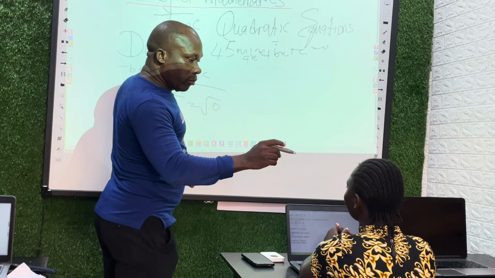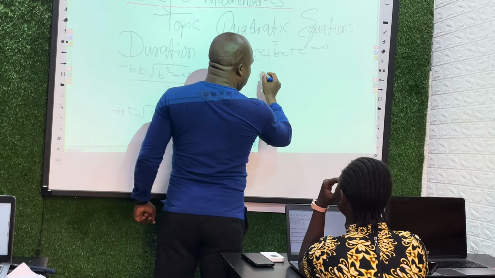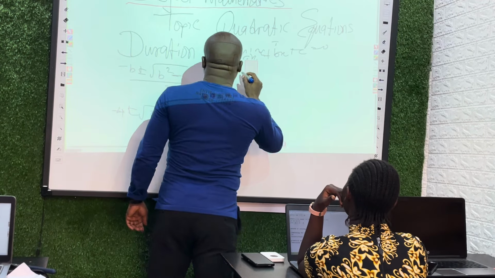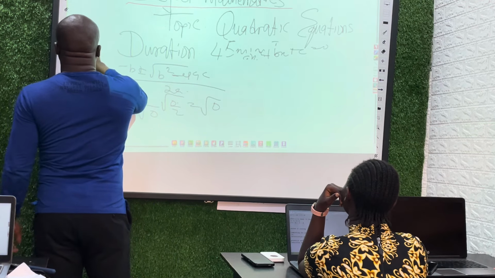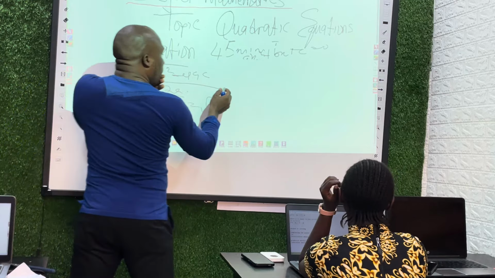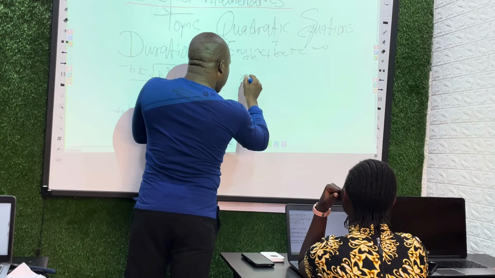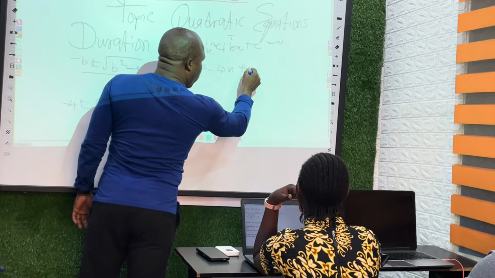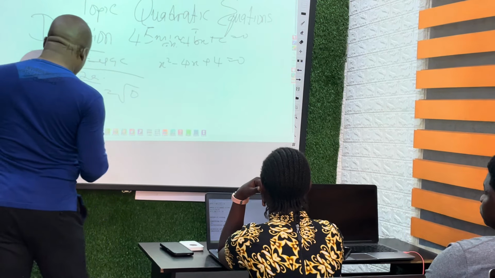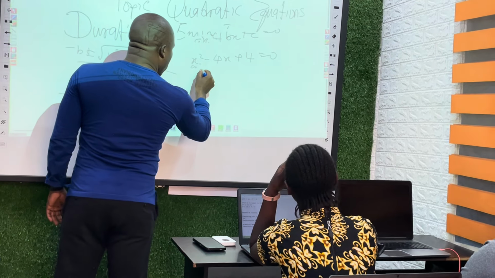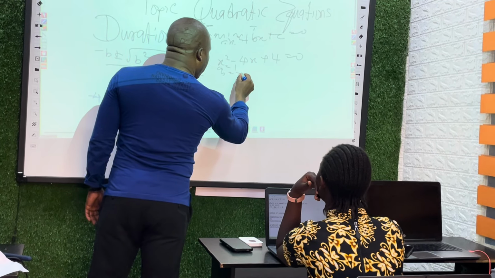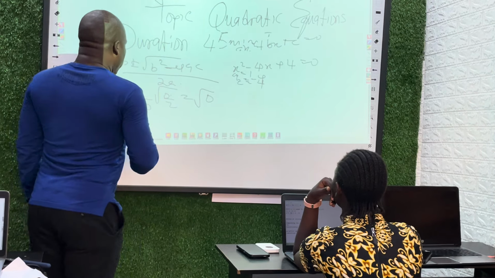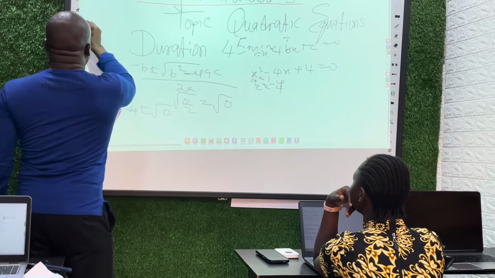And the equation is x squared minus 4x plus 4 equal to 0. So when I say a is equal to 1, b is equal to minus 4, and c is equal to 4, right?